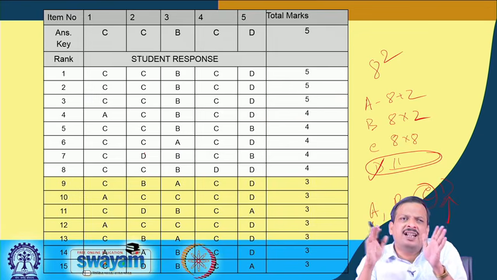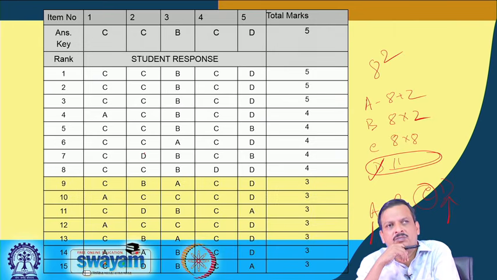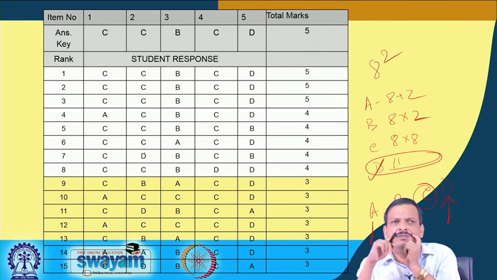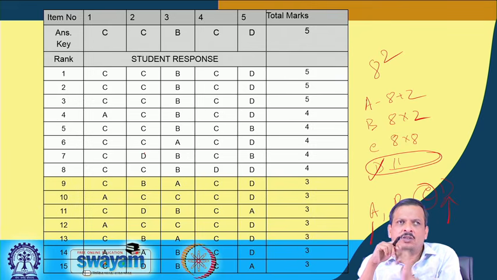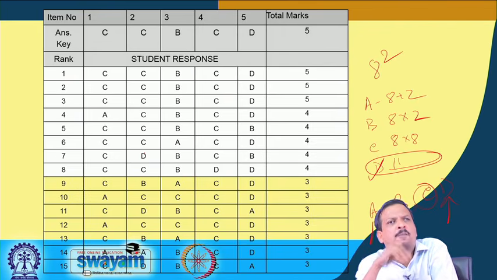So, basically, who will be distracted more? The student who has less confidence. The students in the lower group will be distracted more compared to the upper group.